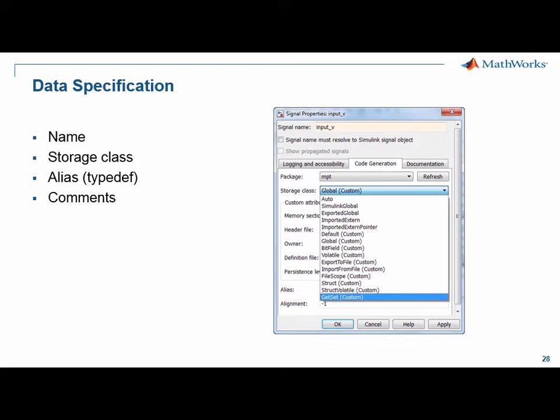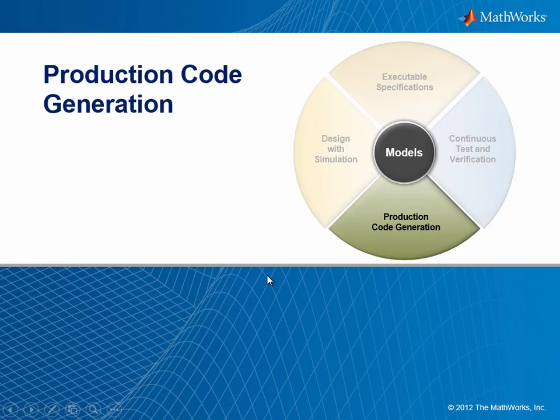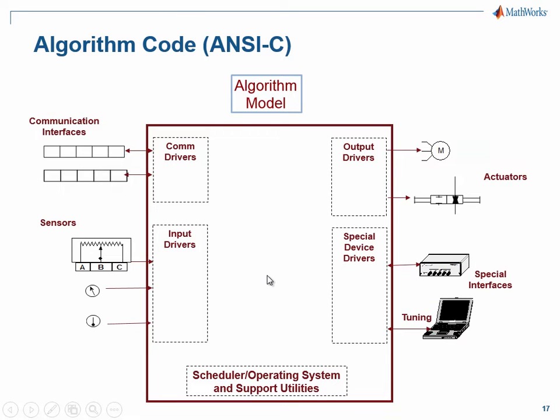So by controlling the float and fixed point data types, function specifications, storage classes, and so forth, you have now created code that's ready for production generation. So let's look at this in more detail. The first thing you should decide is how do you want to deploy your algorithm, as shown in the model box here.